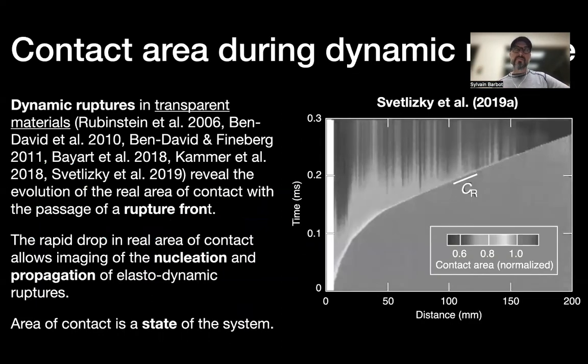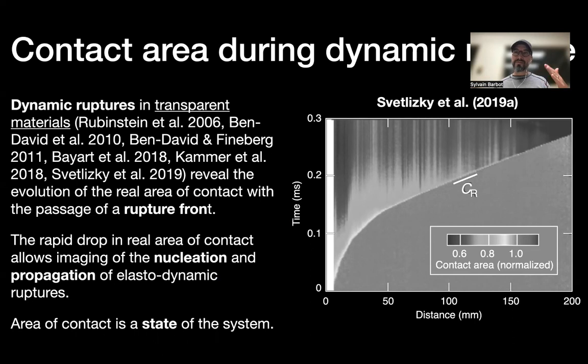This is supported by a more recent series of experiments that also exploit transparent material and directly image the area of contact through the amount of light transmitted through the transparent material during seismic ruptures.